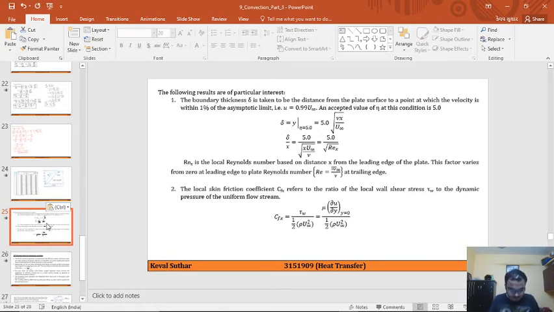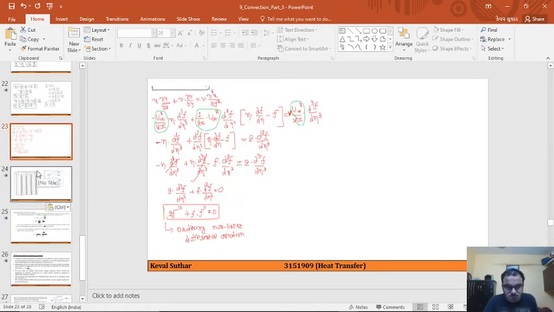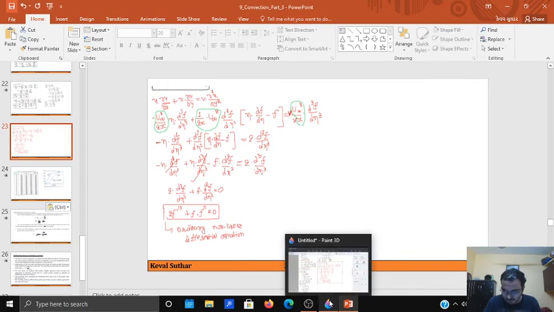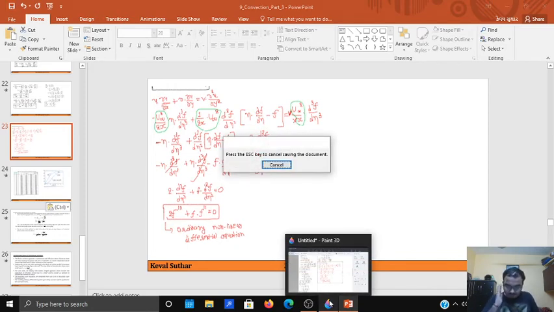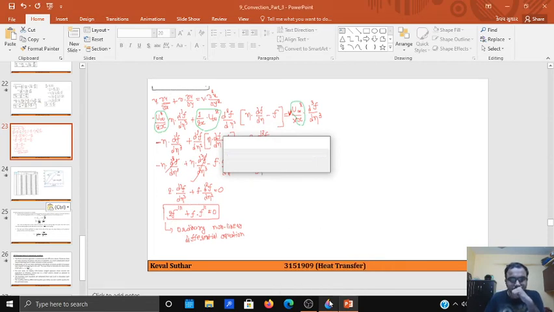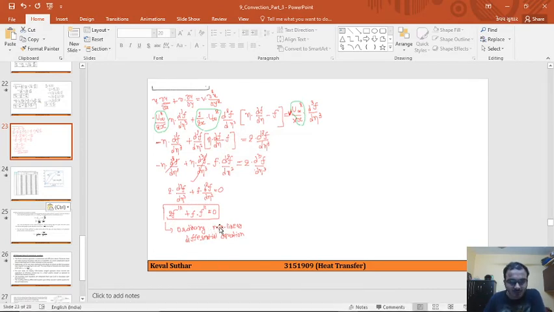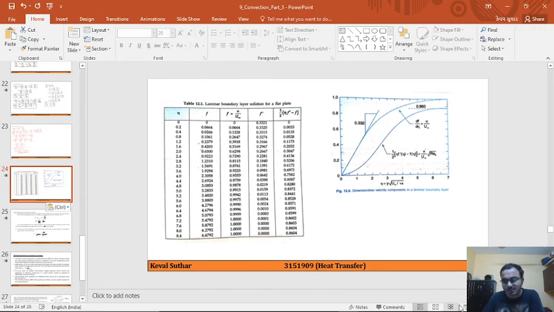Now the solution of this nonlinear ordinary differential equation is given by this table and graph.